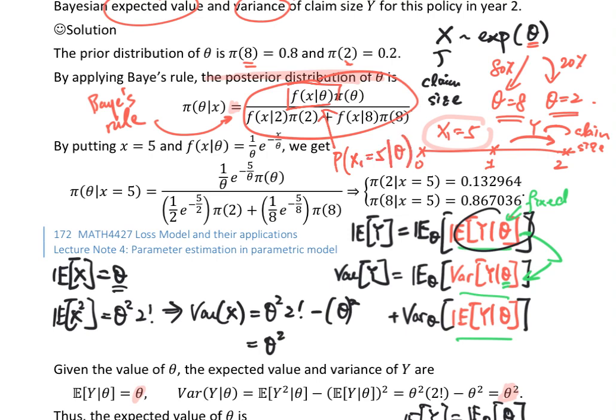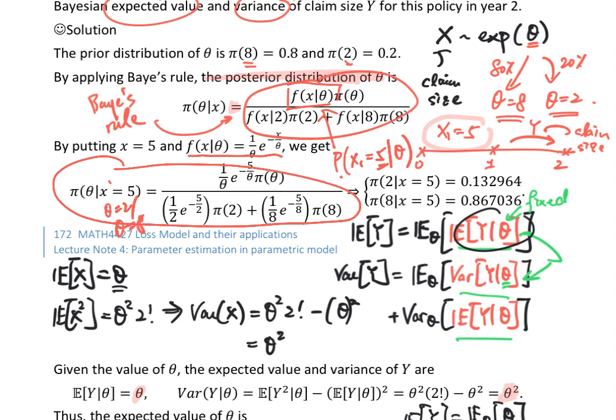Because this is a continuous random variable, this probability will be replaced by the PDF, and you take x equal to 5. So this will be the general posterior distribution for theta equal to 2 or 8.